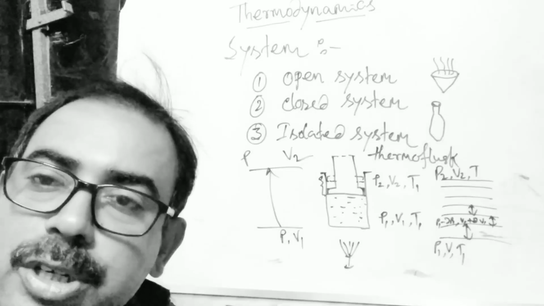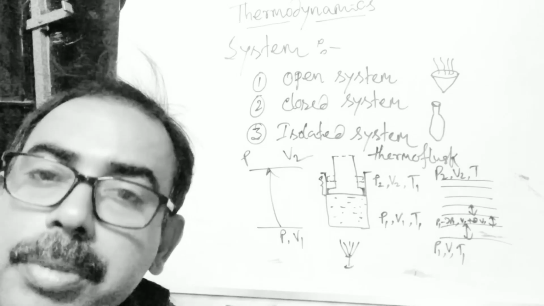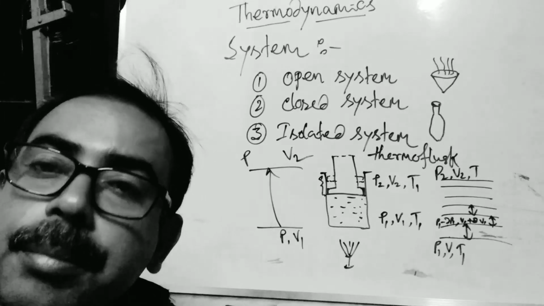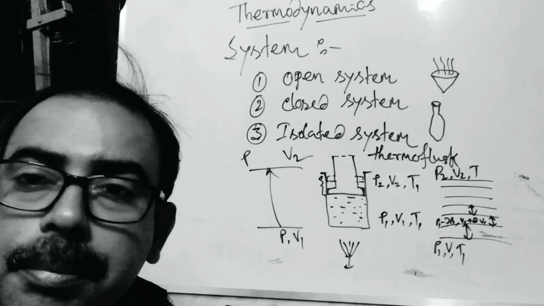A state function is that which doesn't depend upon the way of the change, and a path function is that which depends upon the path.